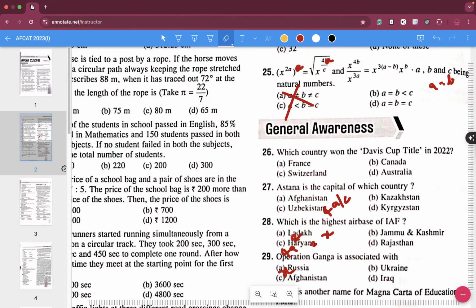Now from here 4a square is equal to 4a by c, so this 4a is gone, this one gone.